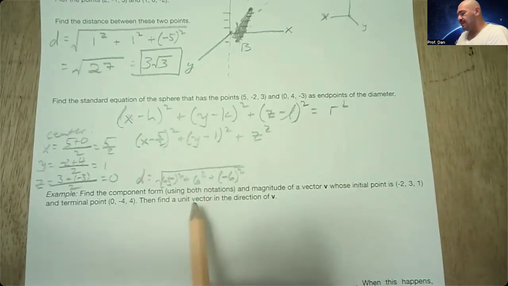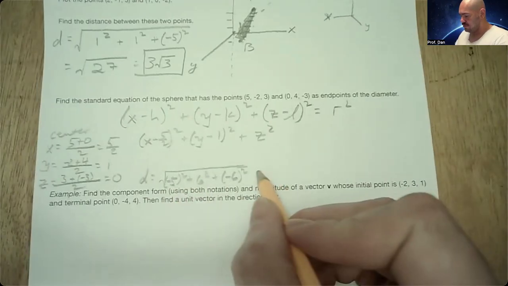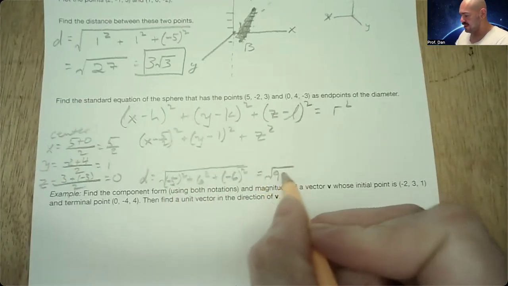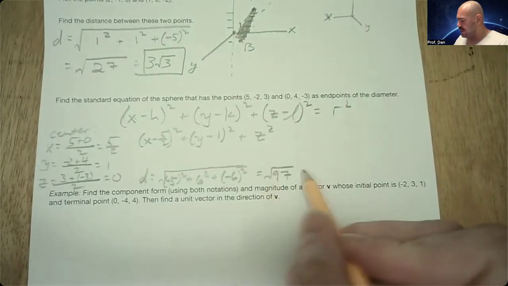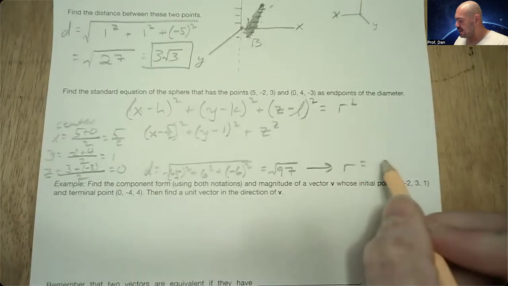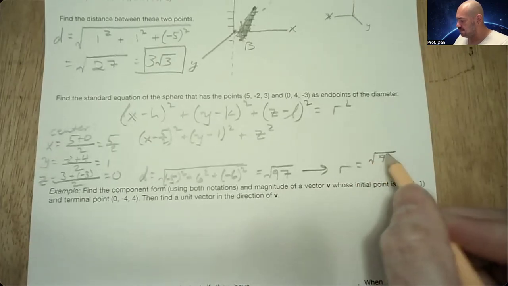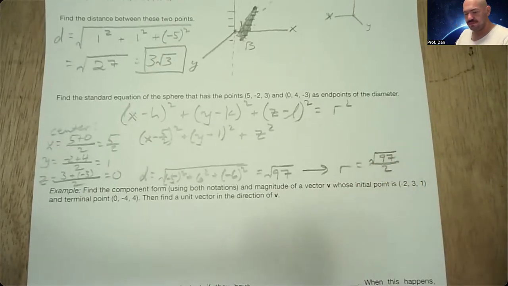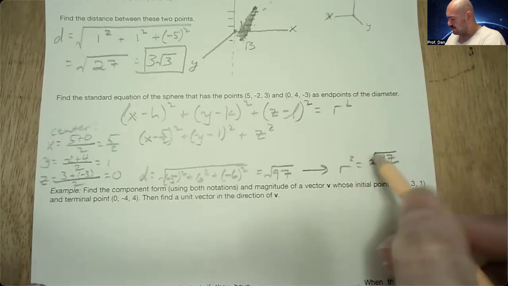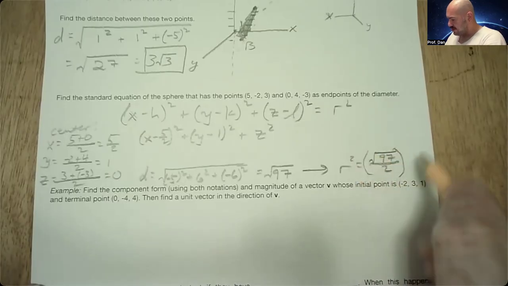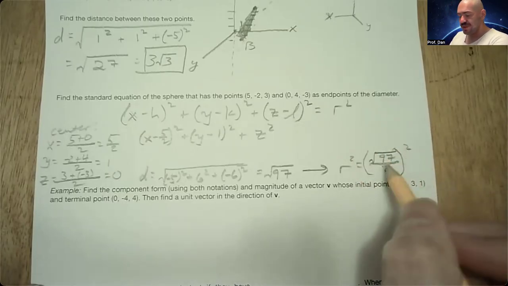So if I add these together, we get the square root of 97. And that's the diameter. So if I want the radius, I have to divide that by 2. Now, to get r squared, I'm just going to square this.